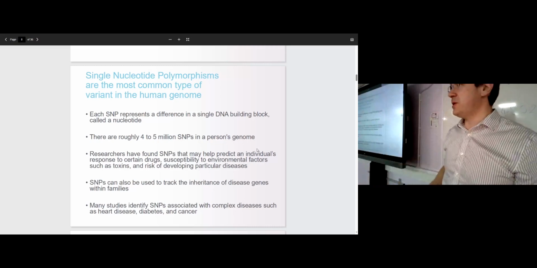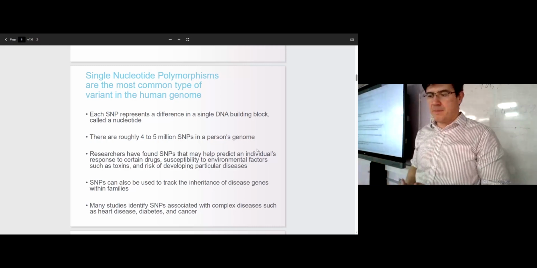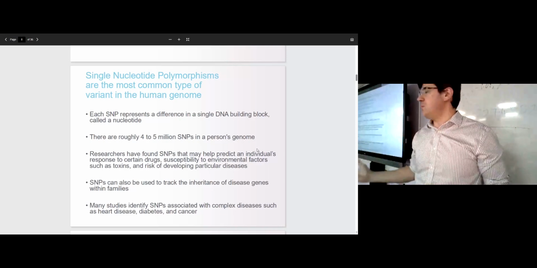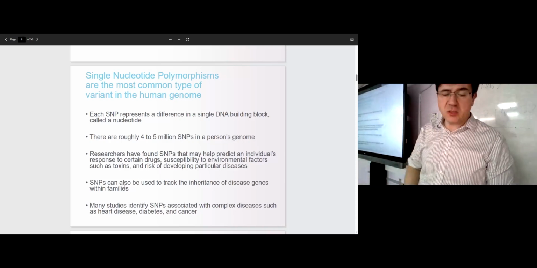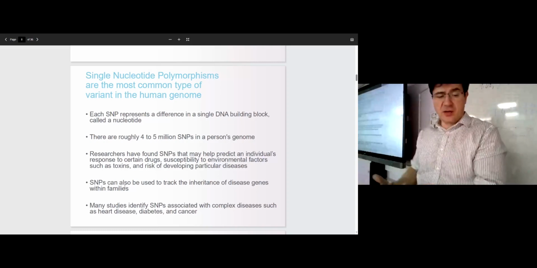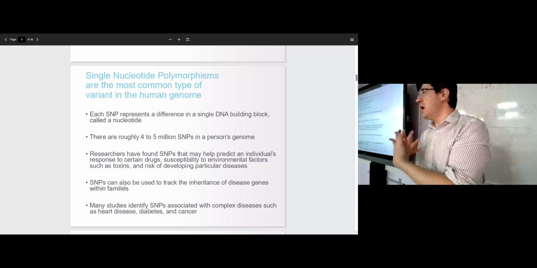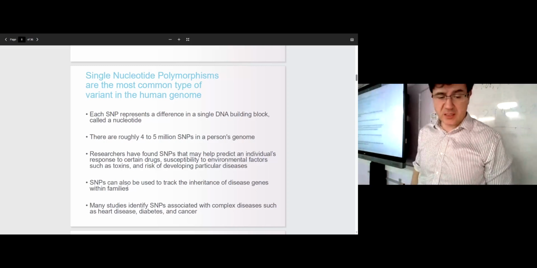The diseases that people die of: type 2 diabetes, cardiovascular disease, mental, autoimmune diseases. And SNPs can be used to track the inheritance of those diseases across generations, helping us have a better understanding of the genetic contributions to disease risk.